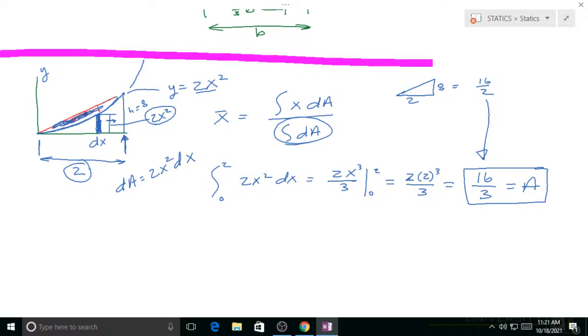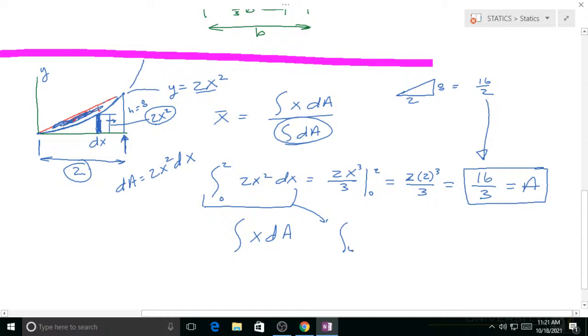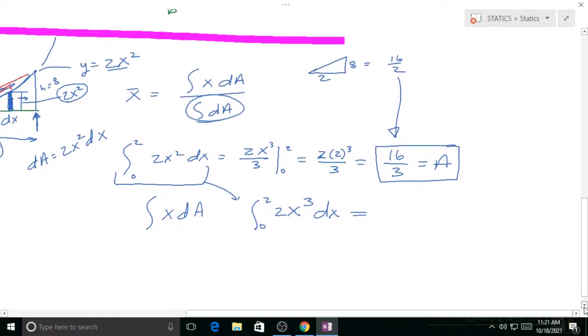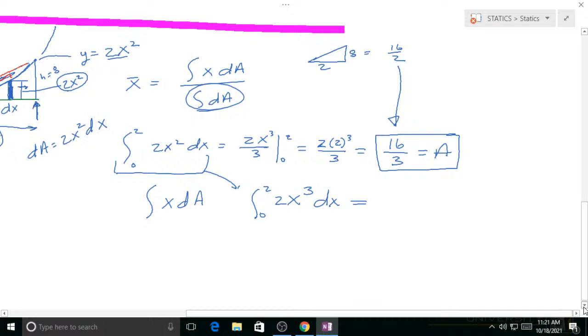Now, the second thing is we've got to do the integral of x dA, and I can just look up here and copy that down, 0 to 2, but put another x in there. So I get x to the 3 instead of x squared, and dx, equal to, okay, 2, this time x to the 4th over 4 as opposed to the last time.